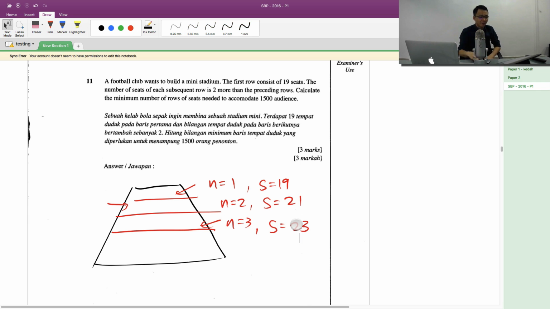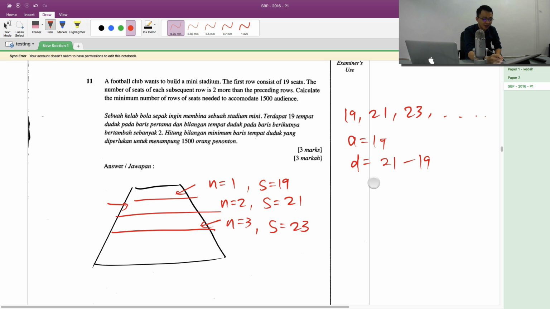So you know this is an AP. So what I will do is write 19, 21, 23, and so on. So I know a equals 19. For the difference, use the second term minus the first term. So 21 minus 19 equals 2. Now the question asks you to calculate the minimum number of rows of seats needed to accommodate 1500.